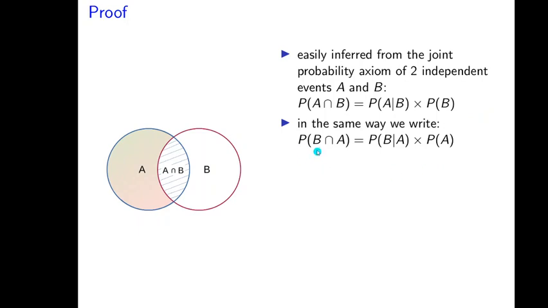We can say that the probability of B intersect A equals the probability of B given A times the probability of A.